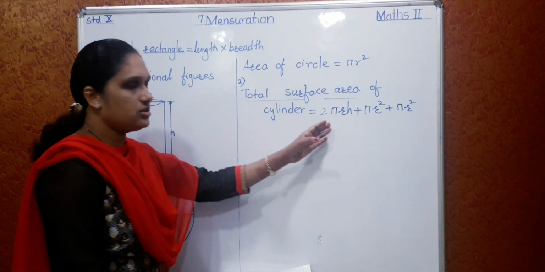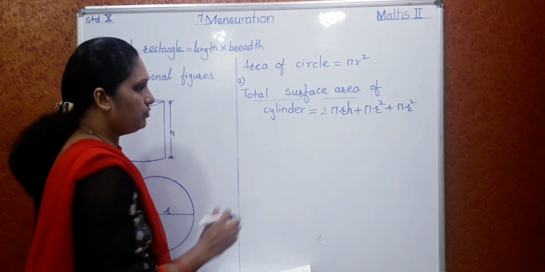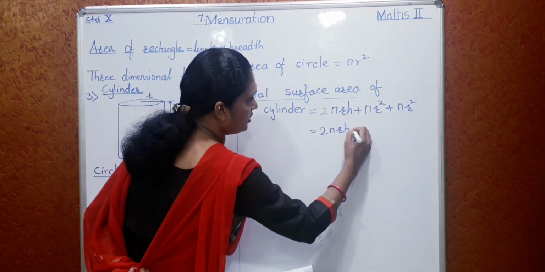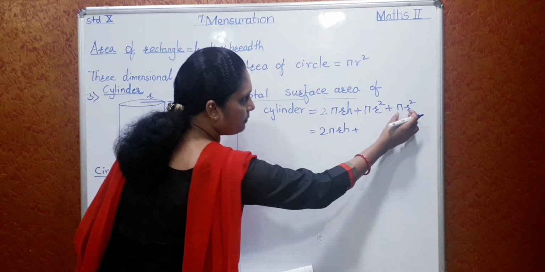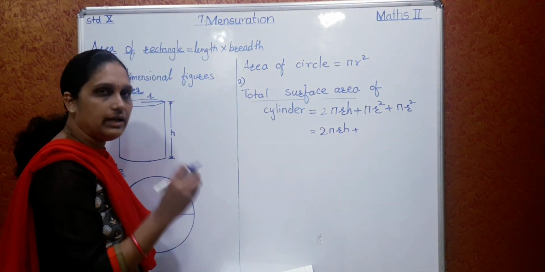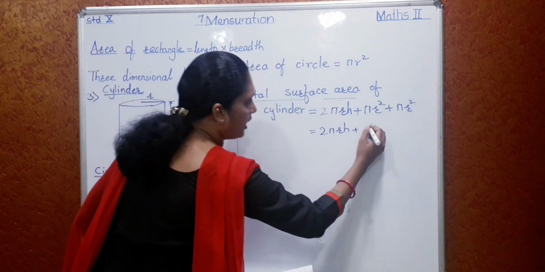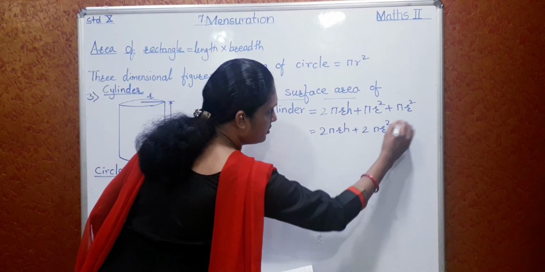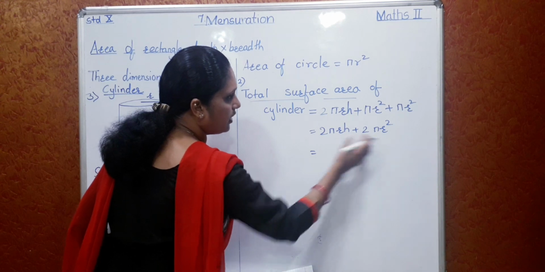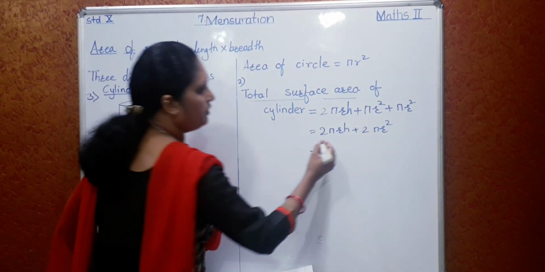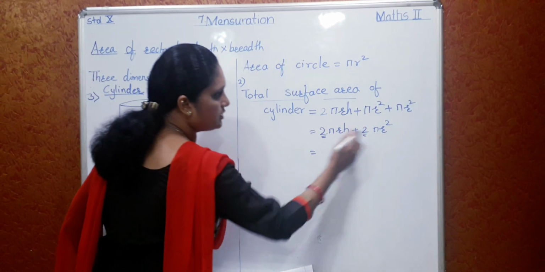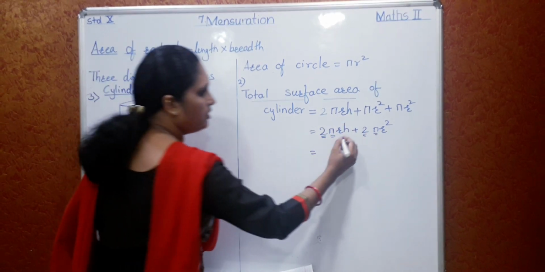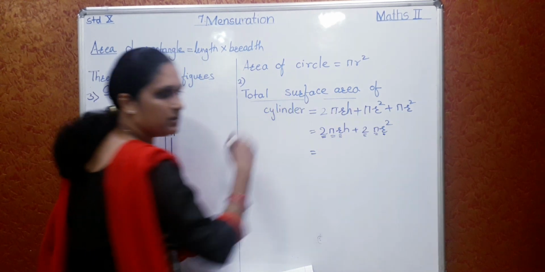Now from this, we'll start deriving our formula. From here, 2 pi r h plus pi r square plus pi r square. The two pi r square terms are like terms, so I am going to add them: 1 plus 1 is 2 pi r square. Now if I observe, I find 2 on both sides of the plus sign, pi on both sides, r on both sides.